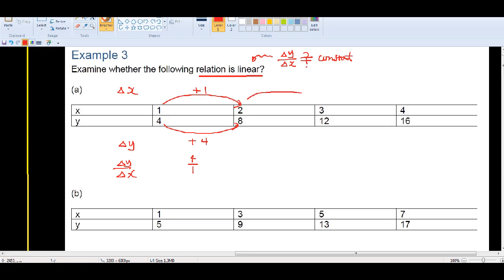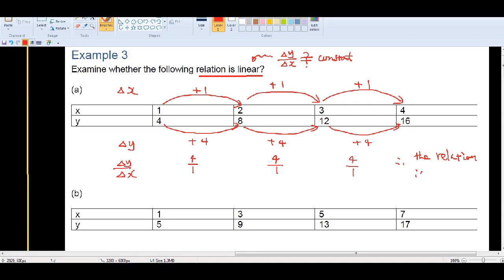From the second pair to the third pair, 2 to 3 is plus 1, and that's plus 4, again 4 over 1. 3 to 4 is plus 1, 12 to 16 is plus 4, again 4 over 1. So they're always equal, always 4 over 1. Therefore the relation is linear.